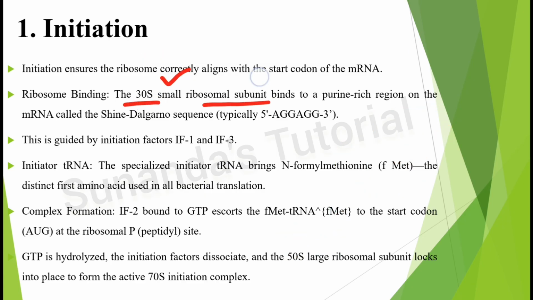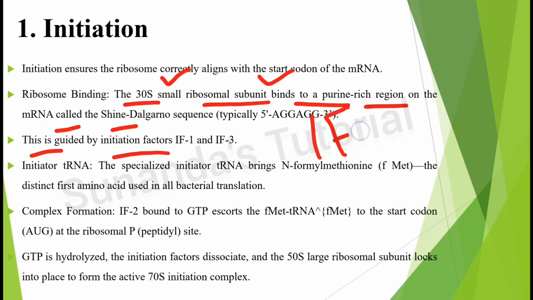The 30S ribosomal subunit binds with a purine rich region on the mRNA which is synthesized during transcription, and that particular attachment region is called the Shine-Dalgarno sequence, which is purine rich, meaning rich in adenine and guanine. This attachment process is guided by initiation factors IF1 and IF3.